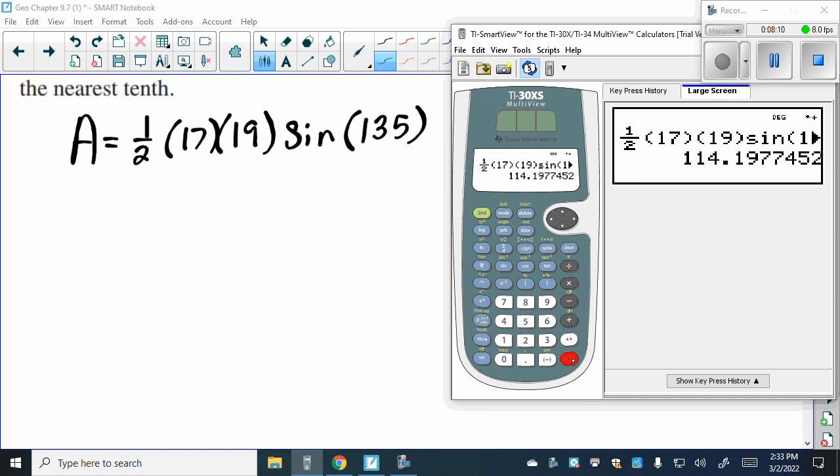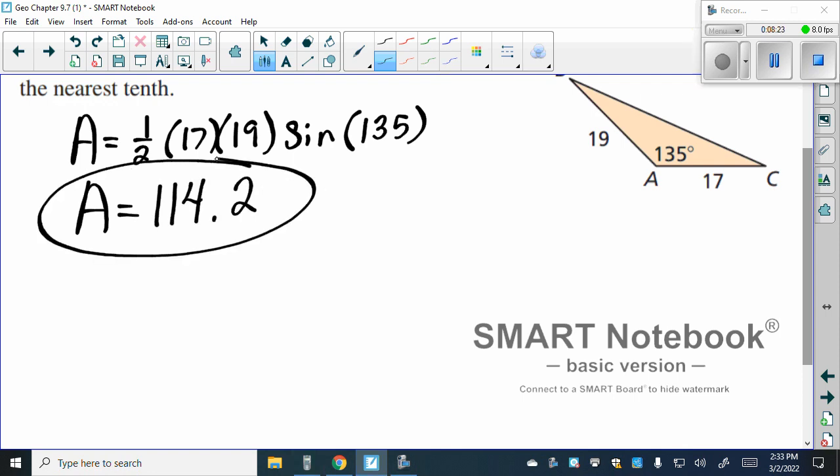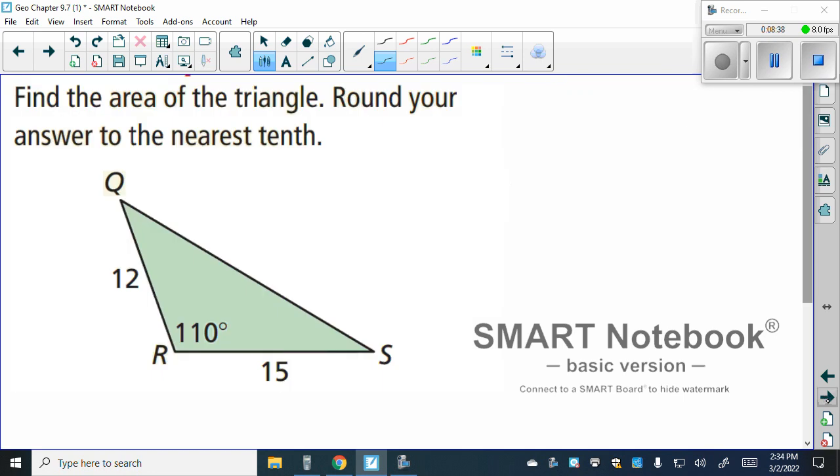If we round to the nearest tenth, like it asks, it'd be 114.2. That's it. That's all we have to do for this here. Any questions on this here? All right, let's look at the next one.